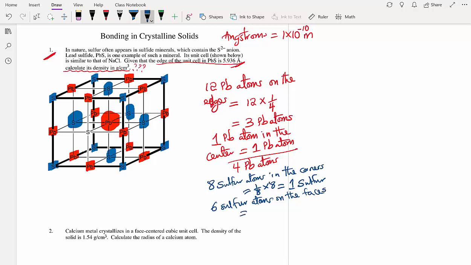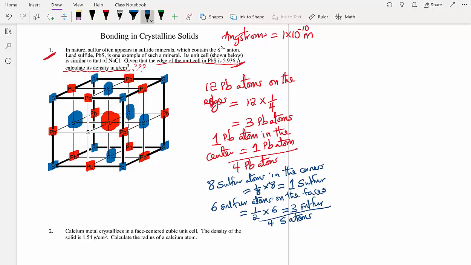That will be equal to 1/2 times 6. Why 1/2? Because each face of a unit cell is shared by 2 unit cells, and that would work out to 3 sulfur. So we have a total of 4 sulfur atoms.